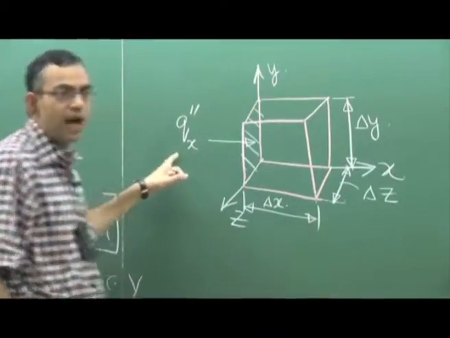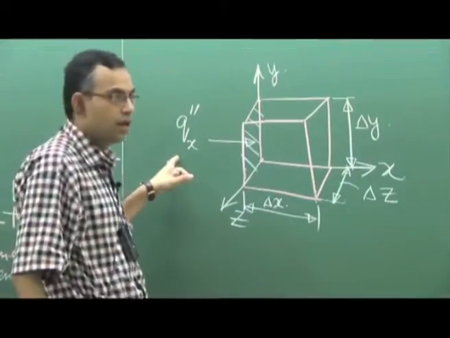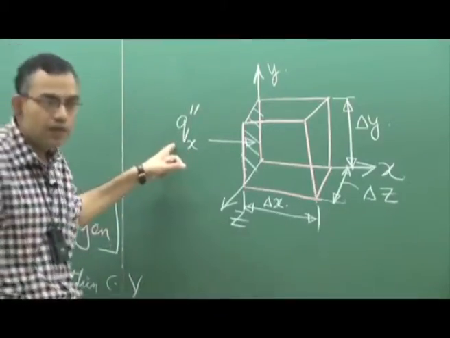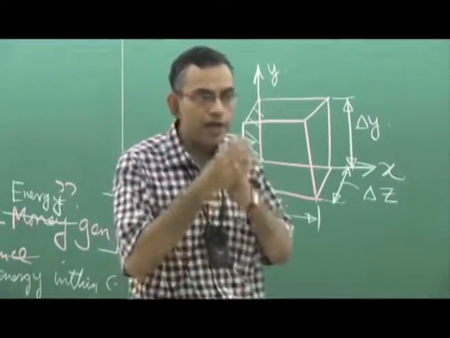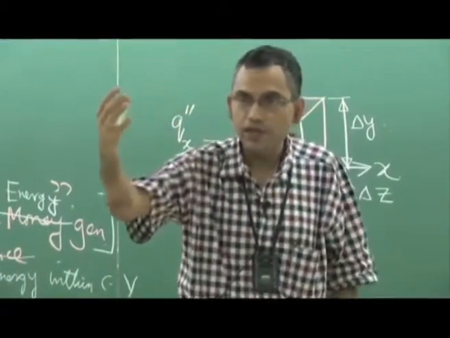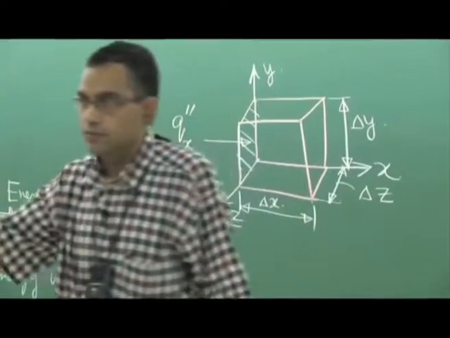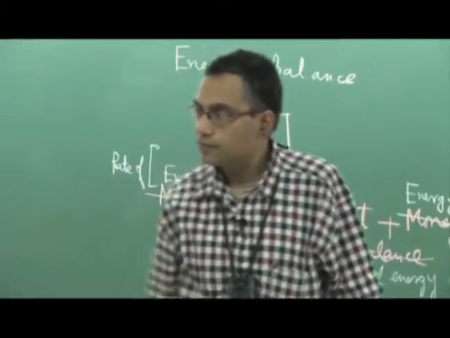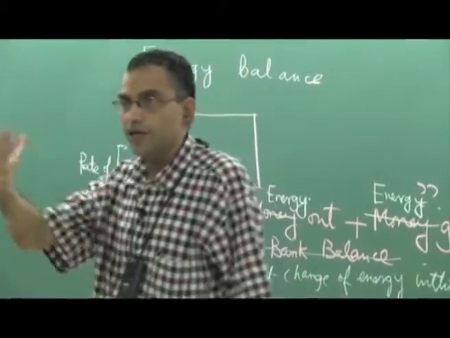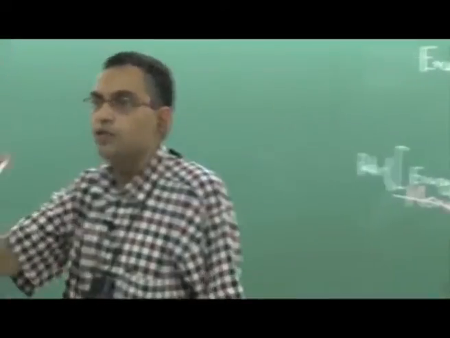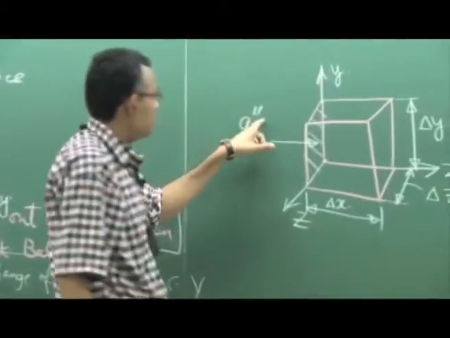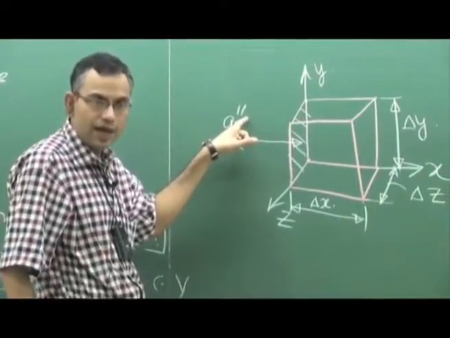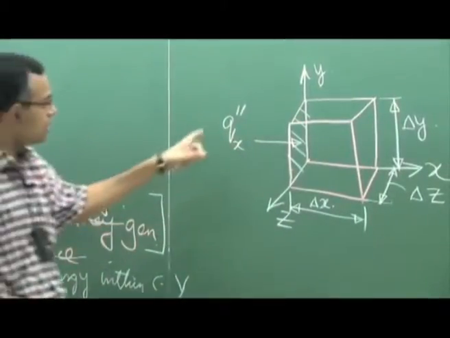So this heat flux is what? Rate of heat transfer per unit area normal to the direction of heat transfer. Rate means time rate, that is what is expressed per unit area. So heat transfer per unit area normal to the direction of heat transfer per unit time. This is a typical notation by which we write that. So this is heat flux.